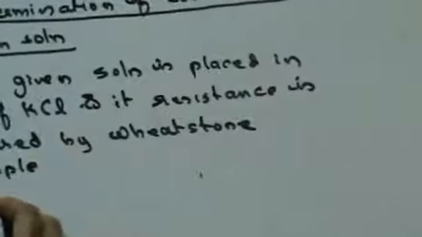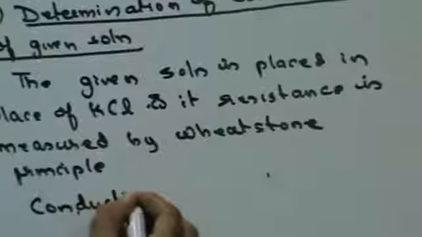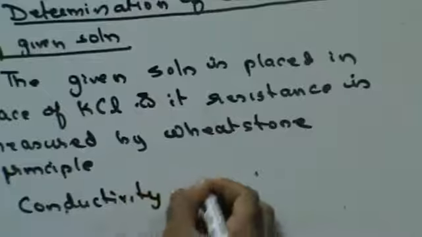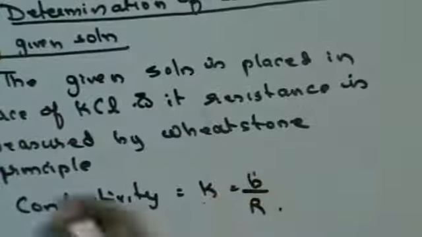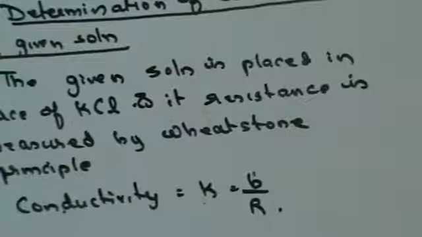So conductivity is nothing but K, which is B upon R. We already know B and R.